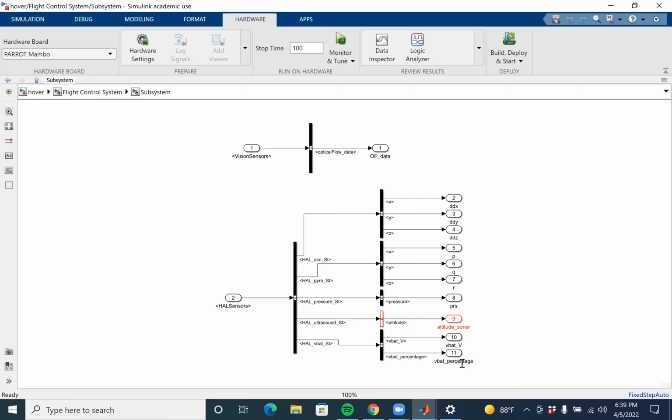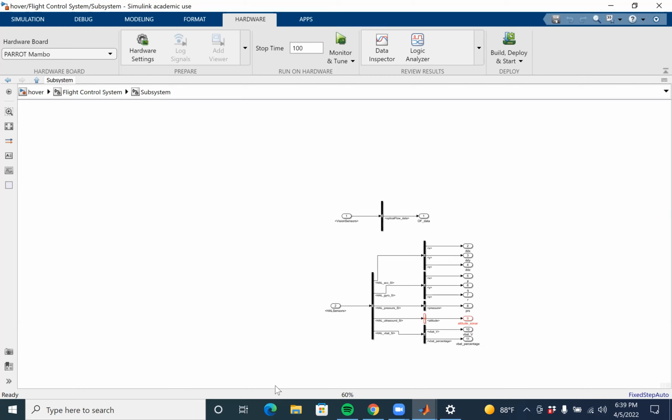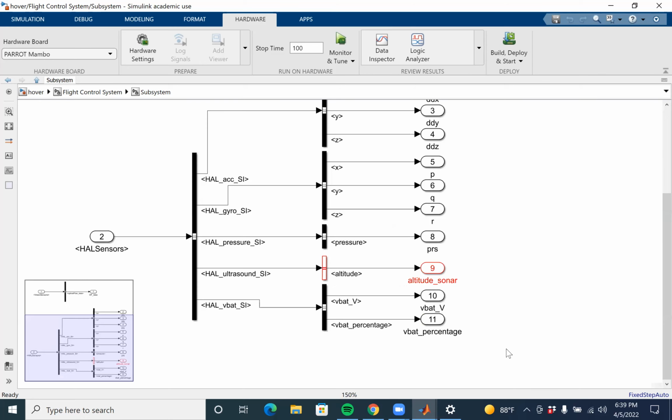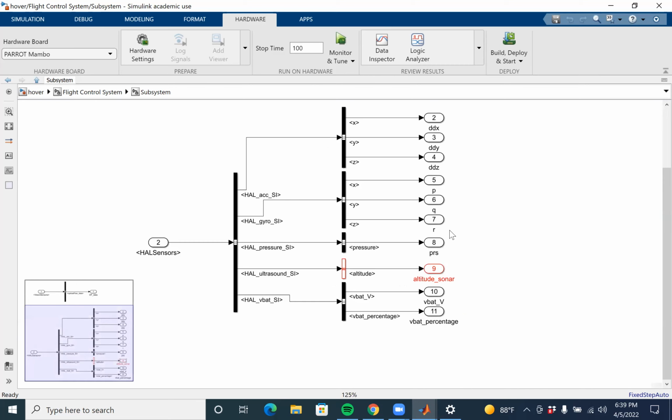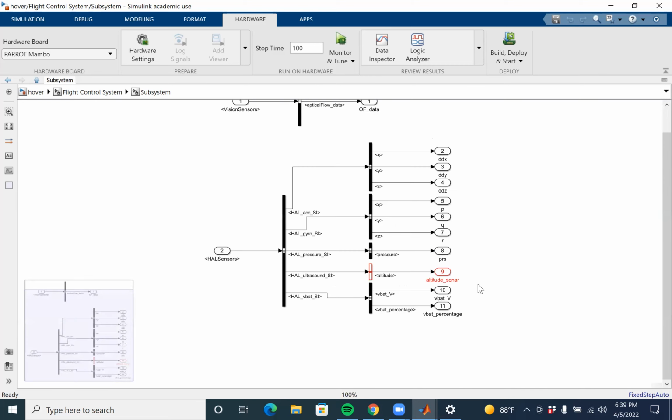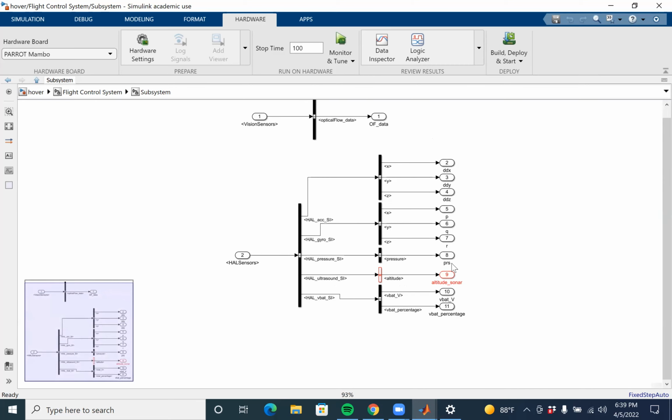Now, what I want to do now is try to get this altitude data and the pressure data and see how we can use this altitude and pressure data for controlling the height.